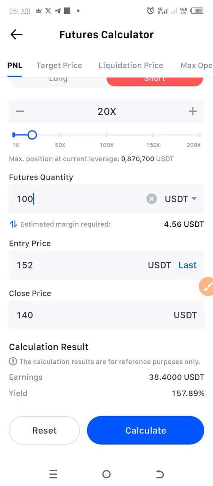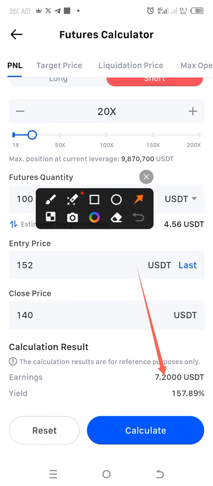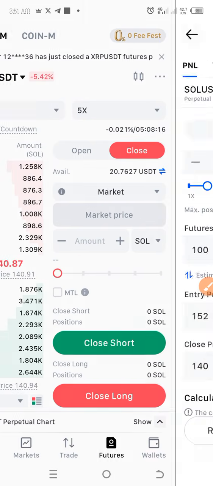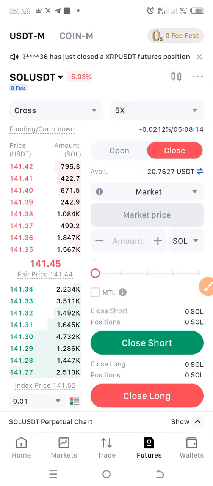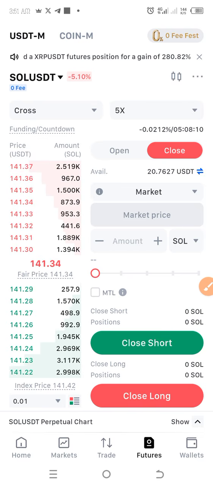Let's calculate again. You will have made almost $7. That is not actually much, but it's actually much as well. Don't be greedy. So that is how you can use the strategy. So I'm going to take you over to this exchange that will give you demo accounts.